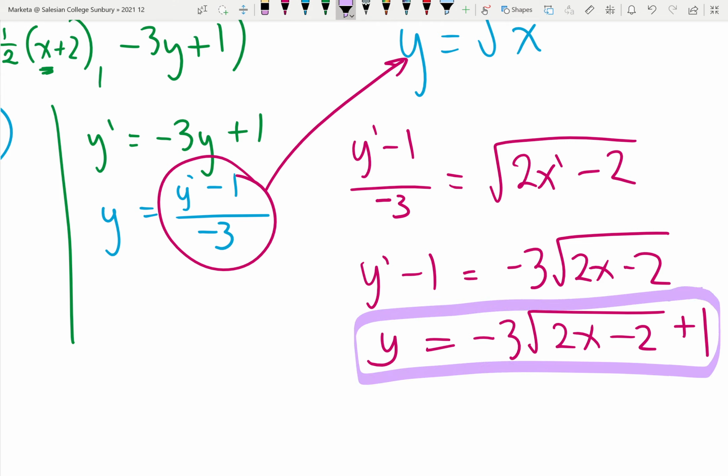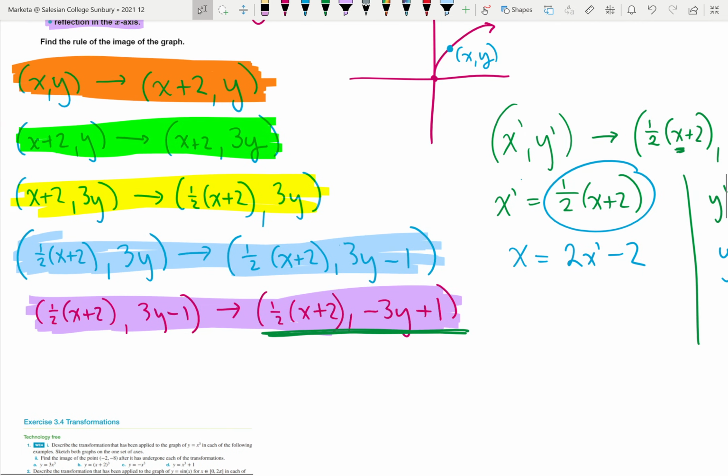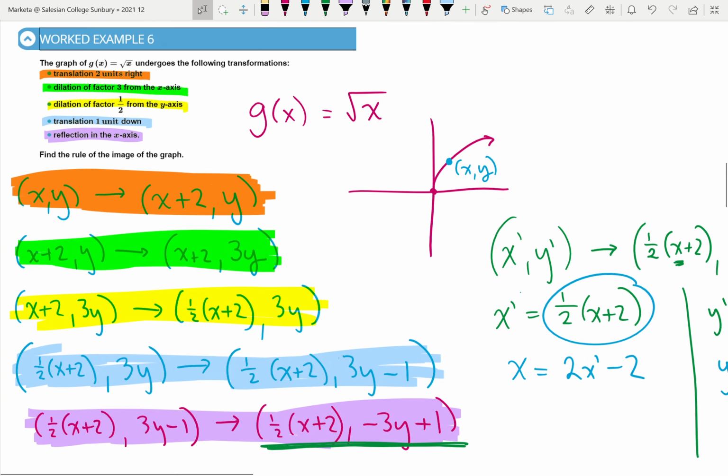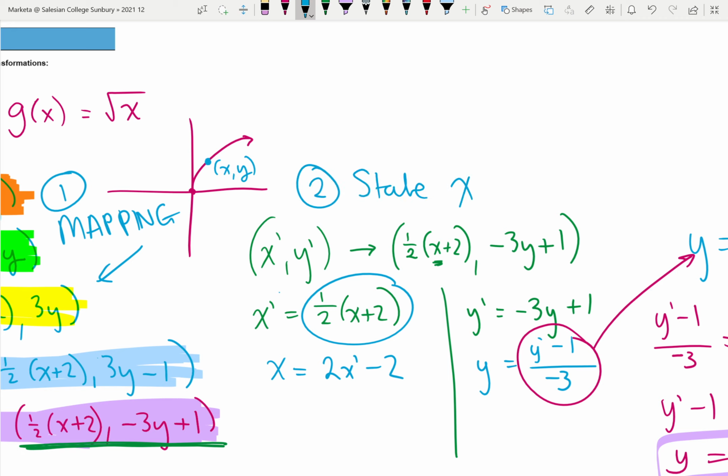And look, it doesn't usually take so long. Once you get the hang of it, it doesn't take so long. Just be aware of the important things there. This is the mapping. So that is step 1, the mapping. Step 2, we state x image and y image and rearrange.